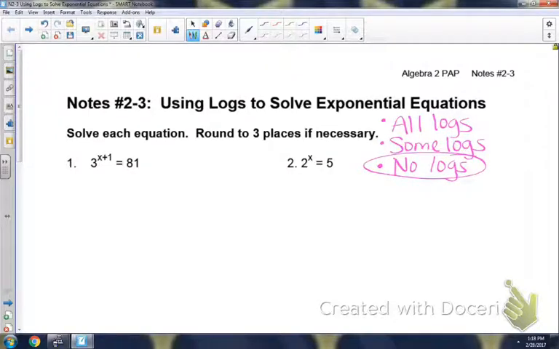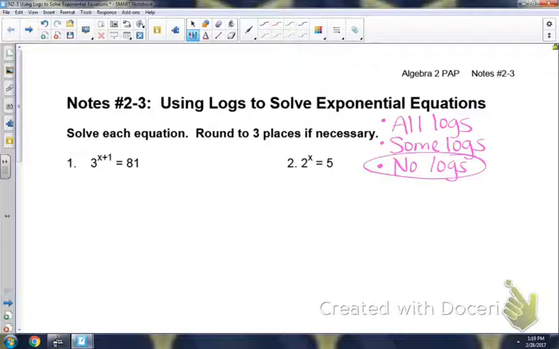Okay, so it's an exponential equation. There's not going to be any logs, but we're going to have to use logs in order to solve that exponential equation. Remember, an exponential equation, it has x as part of your exponent. So what we're going to be doing is the first step, you will need to isolate the base with your exponent.